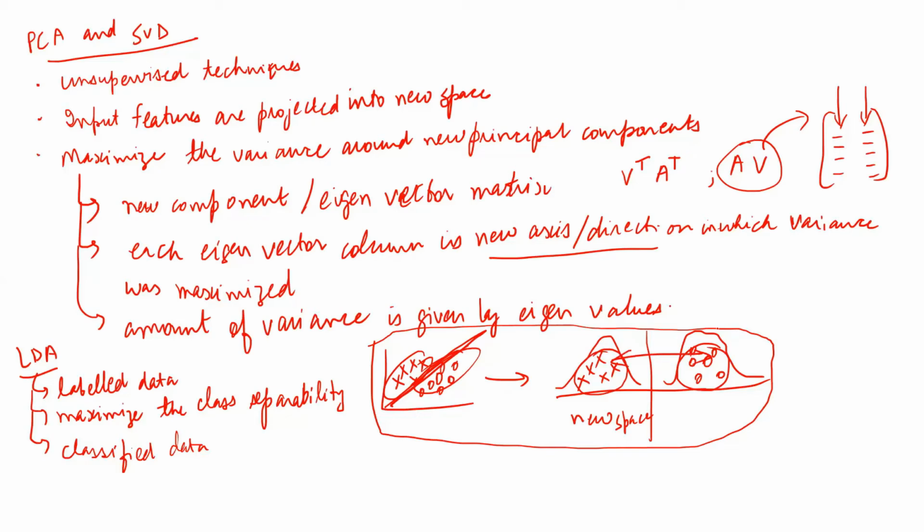So interclass, this is interclass, class 1 and class 2, this one is class 1, this one is class 2. So interclass, you have to maximize the covariance, or this covariance can also be called the scatter matrix.